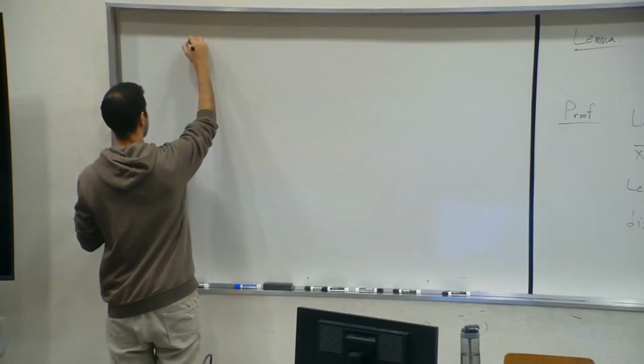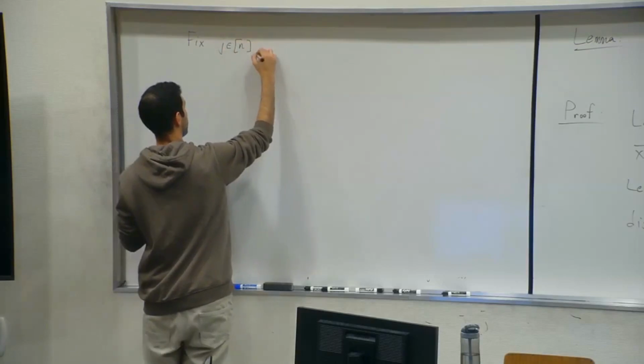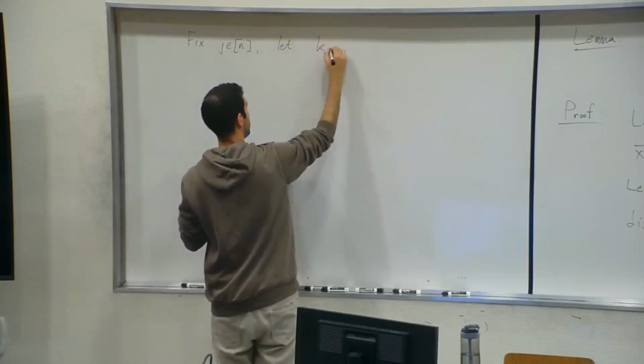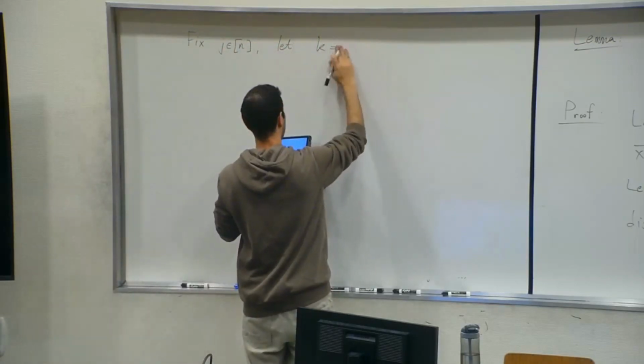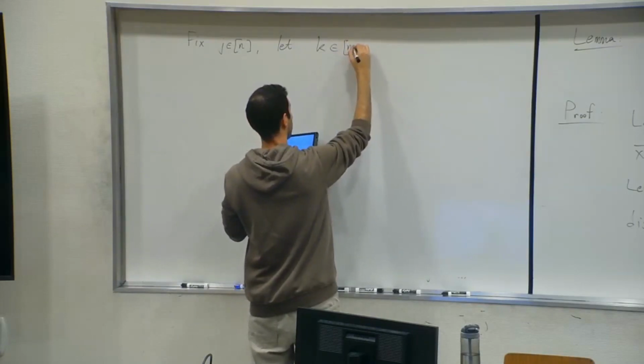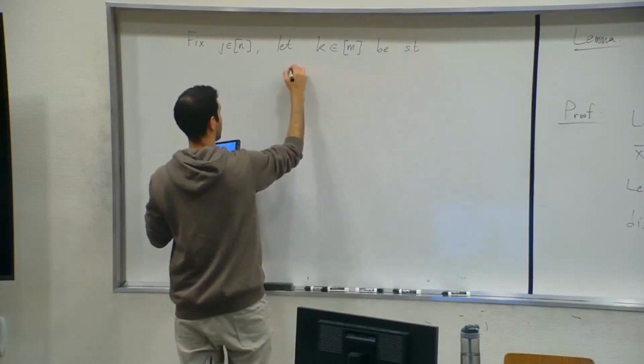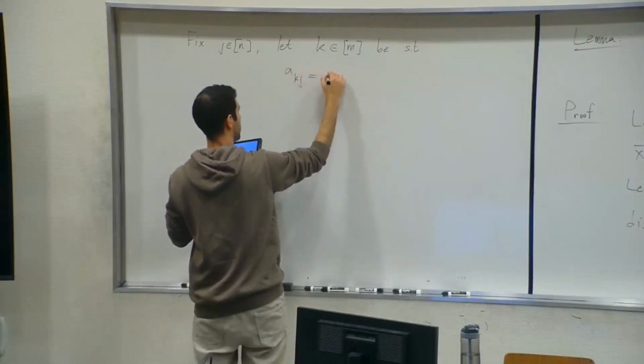So fix j, sorry, and let k be such that akj is the minimum.